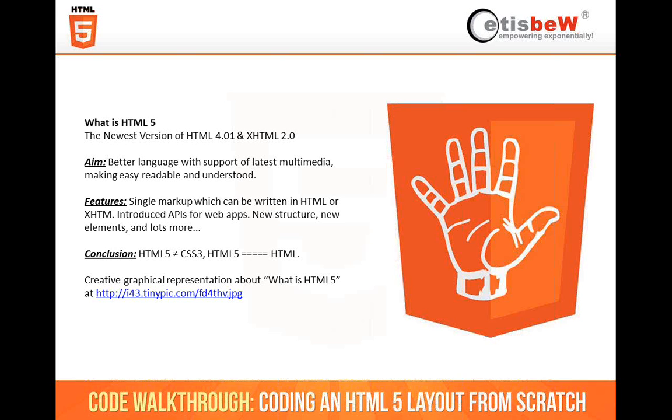HTML5 has introduced Application Programming Interfaces, APIs, for web applications, which are also able to run on low-powered devices such as smartphones, tablets, mobiles, and so on. So the main features in HTML5 we can observe are new structure, new elements, dynamic pages support, and lots more.